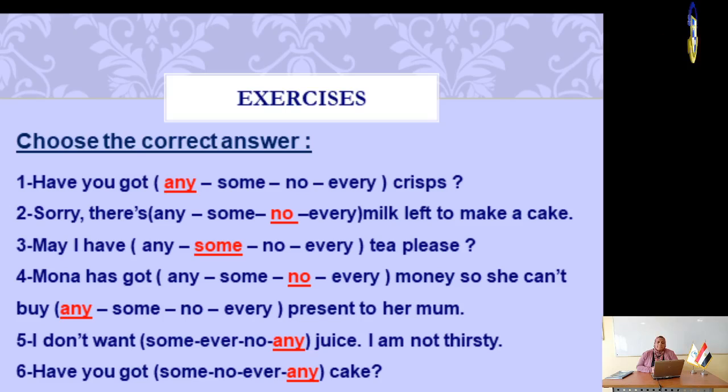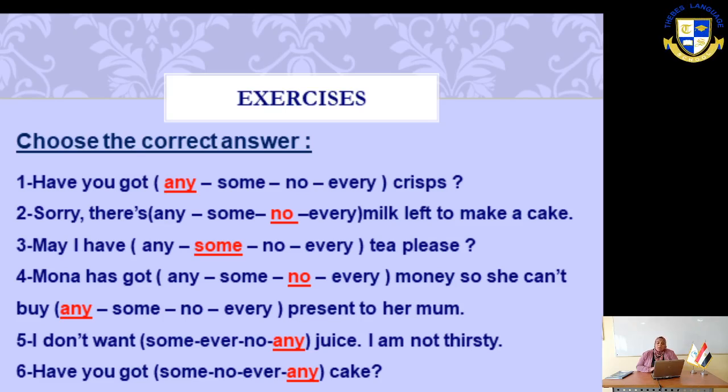Very good. Mona has got money so she can't buy present to her mom. Now in this sentence we have 2 places to answer. The first one, Mona has got no money so she can't buy.